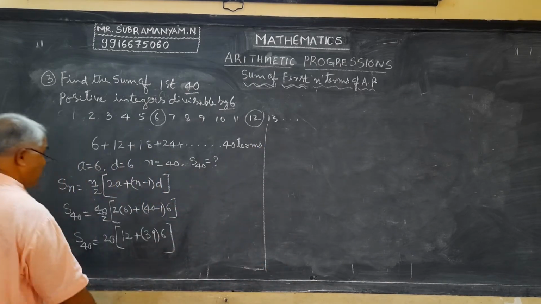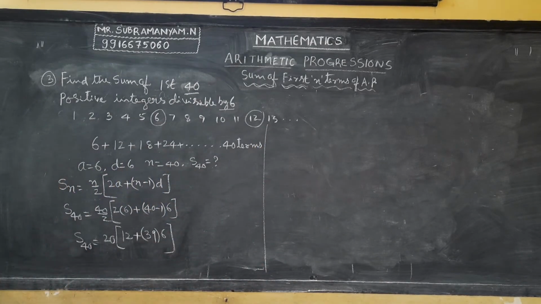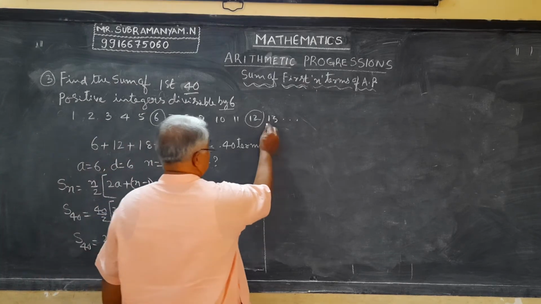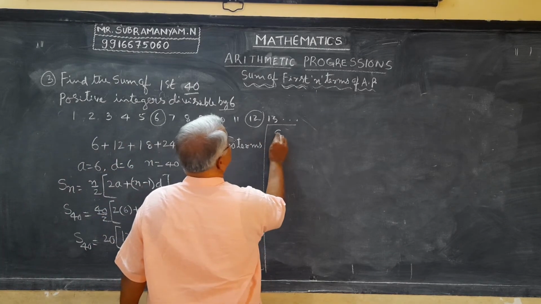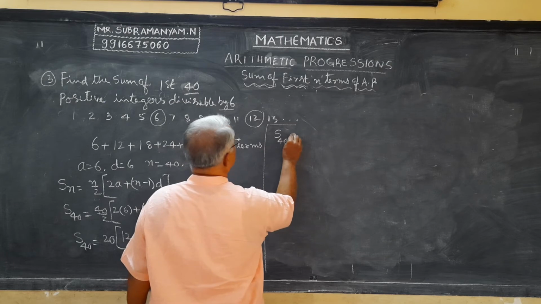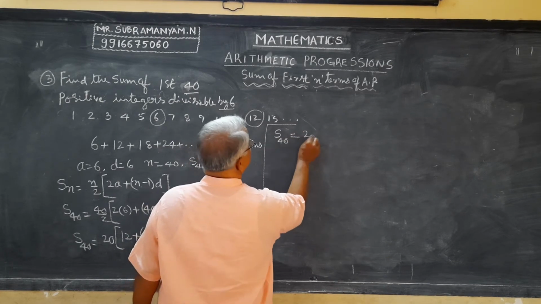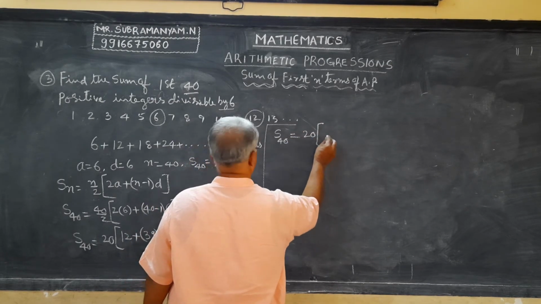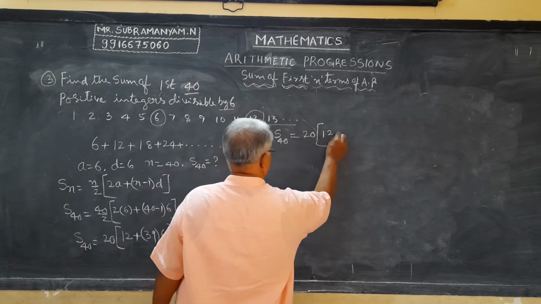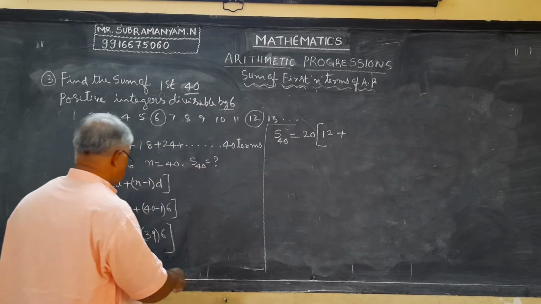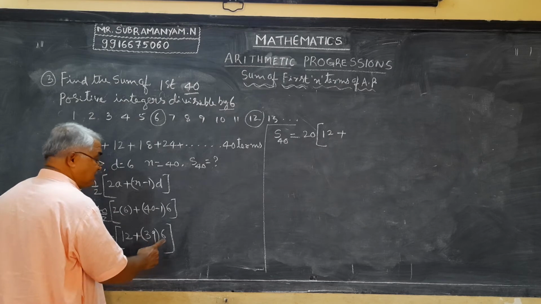Now what you have to do? You have to multiply 39 with 6 and that should be added to 12. S40 equal to 20 into 12 plus. So multiply 39 with 6.